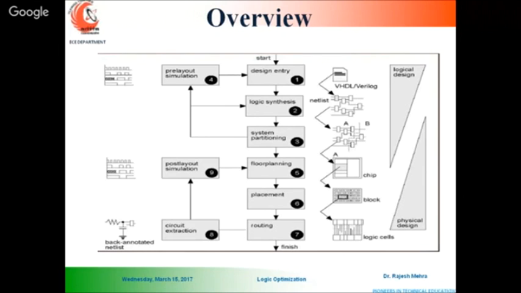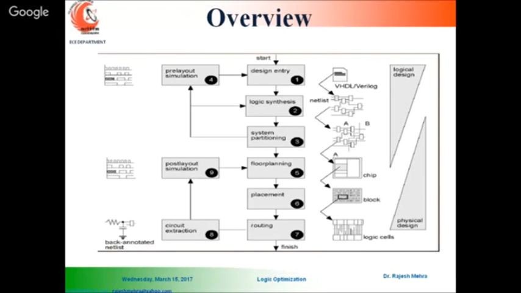Once your VHDL code is entered, you convert it into its equivalent RTL with the help of RTL synthesis, and that RTL is nothing but a set of registers along with the complete netlist information. Then system partitioning is done.